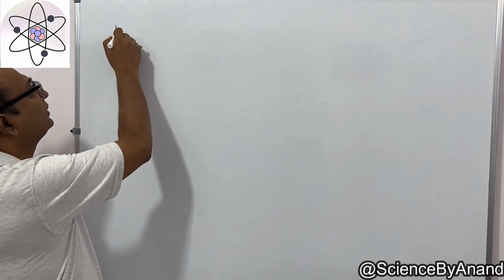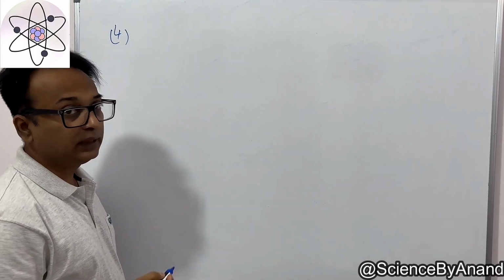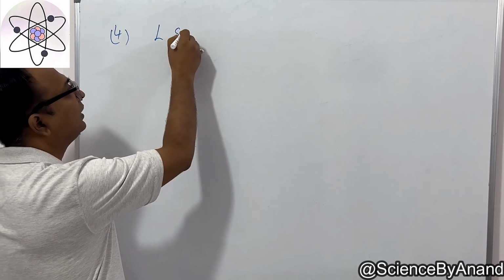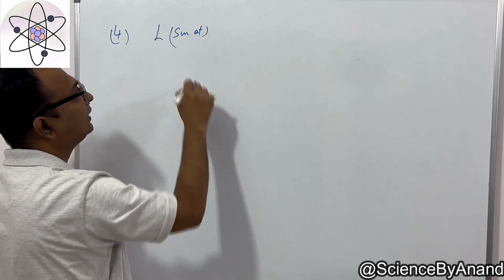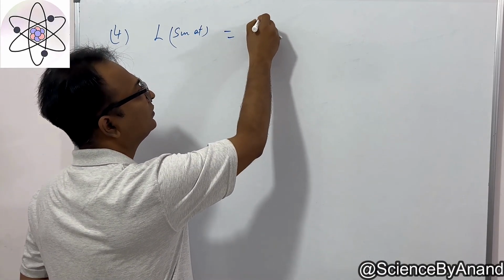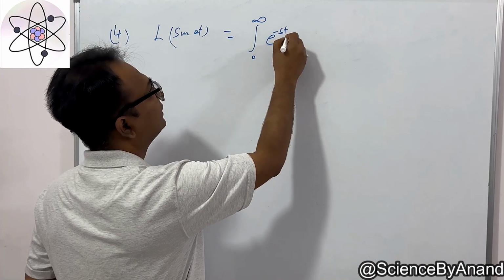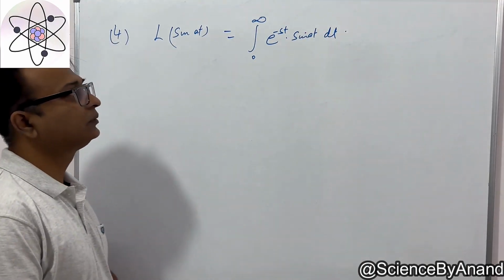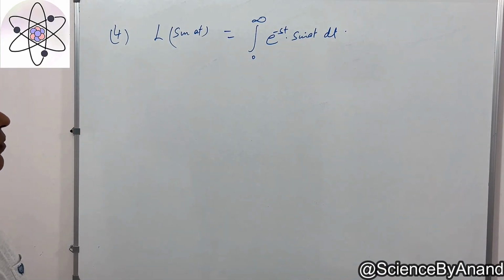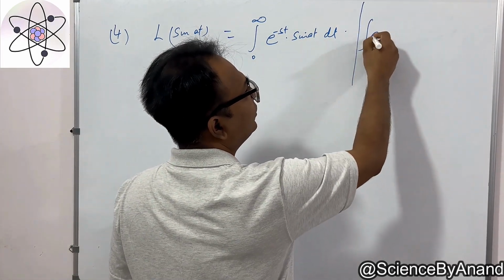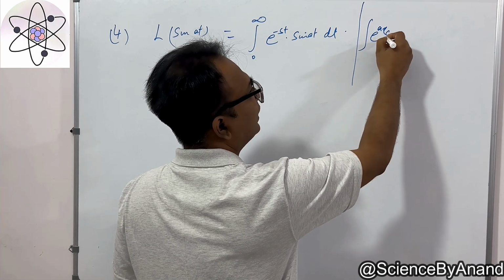Our next function is sin at. Very frequently we get sin at and cos bt. So Laplace transform of sin at, I will do. This will be 0 to infinity, e to the power minus st sin at dt. This is the definition. Now we have the integral of e to the power ax sin bx.